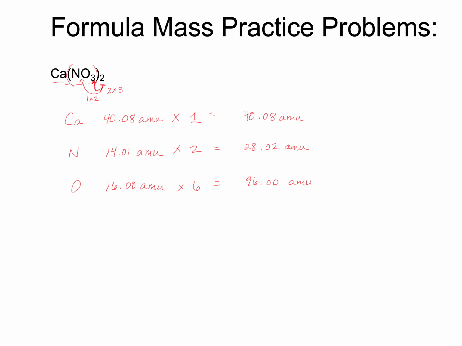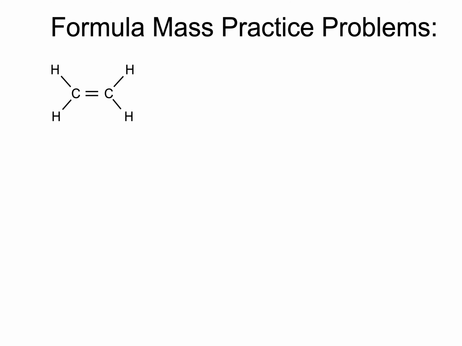And notice that I'm still maintaining the number of significant figures of our original atomic mass units. We're going to sum all of these together, and we get a value of 164.10 AMUs. And this is the formula mass for calcium nitrate.